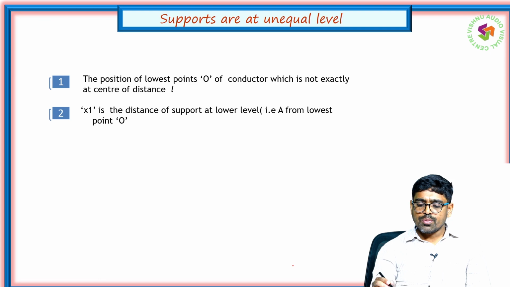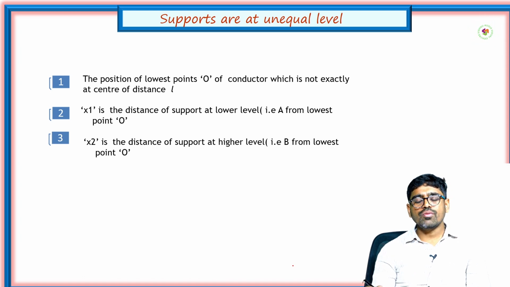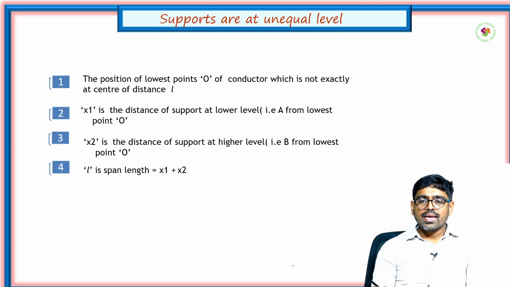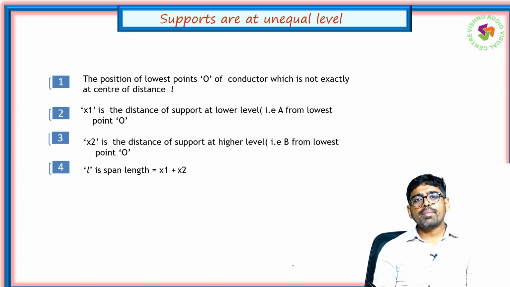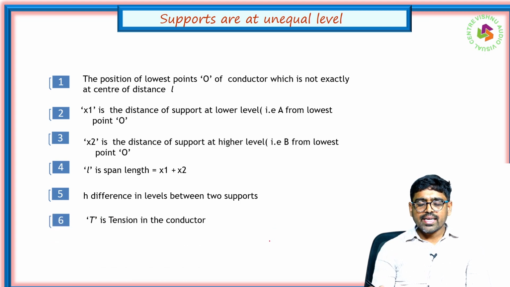X1 is the distance from the lower support A to the lowest point O, and X2 is the distance from the higher support B to the lowest point O. L is the span length, that is, L equals X1 plus X2. H is the difference in level between the two supports, and T is the tension in the conductor.